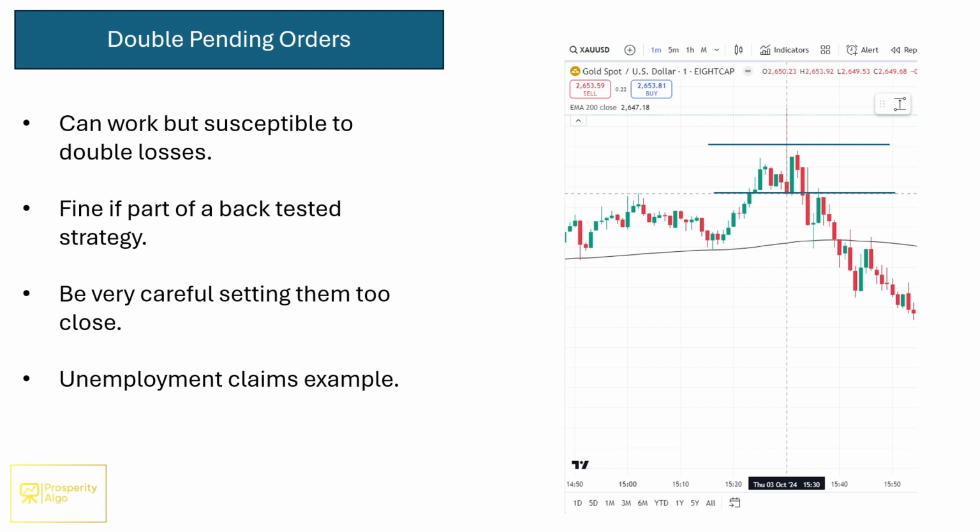But I would strongly recommend against purely hunting for news events with a strategy using a double buy sell stop, as the risk is simply too high. And more often than not, during these high volatility events, you get wicked out and it's just not worth it. But if it's part of an existing strategy and you've back tested with news events, you can let that strategy continue to run without using a filter.